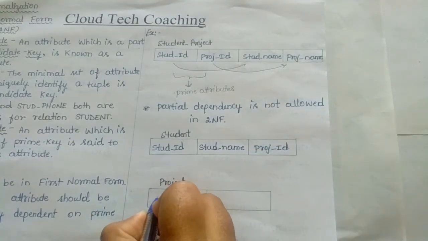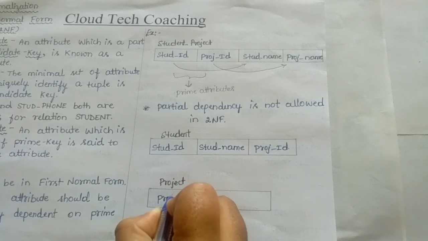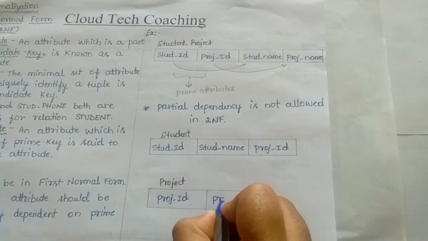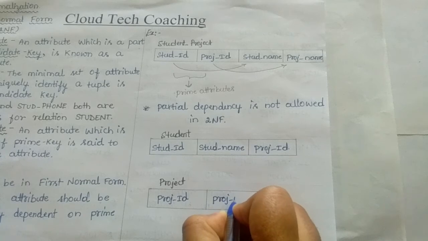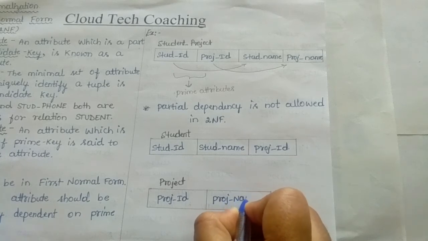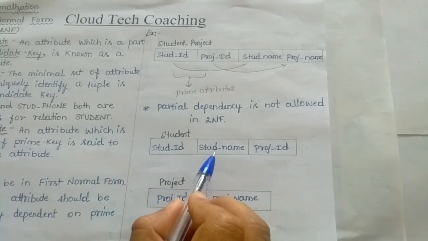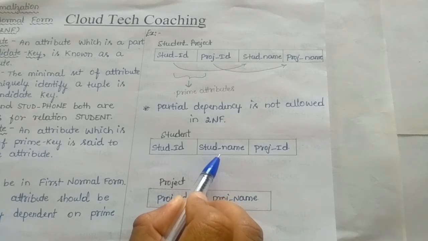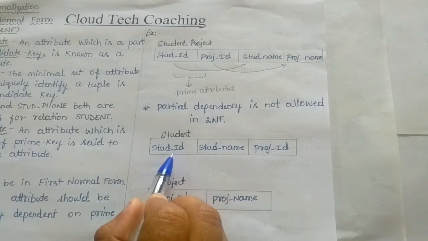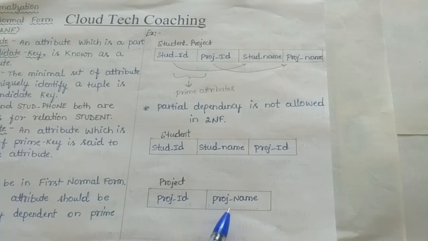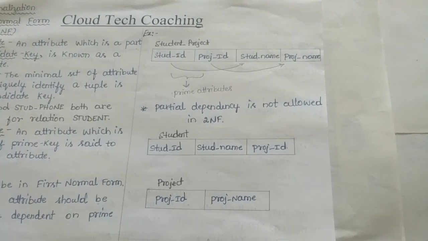And in the project table the attributes will be project ID and project name. So here the student name is a non-prime attribute which is dependent on both student ID as well as project ID, and in the project table project name is a non-prime attribute which is dependent on project ID.